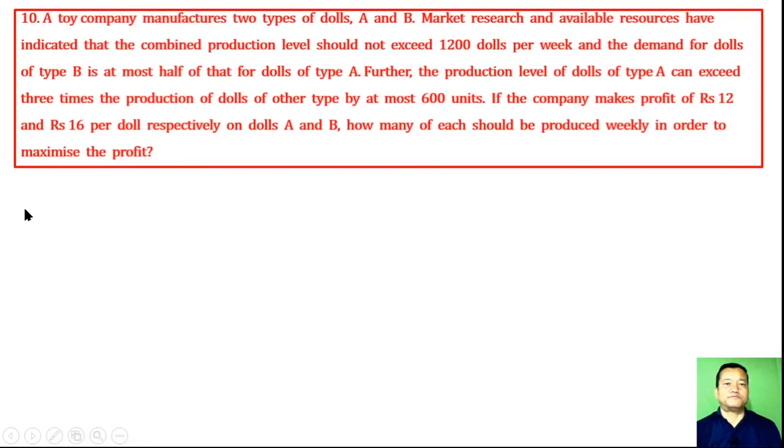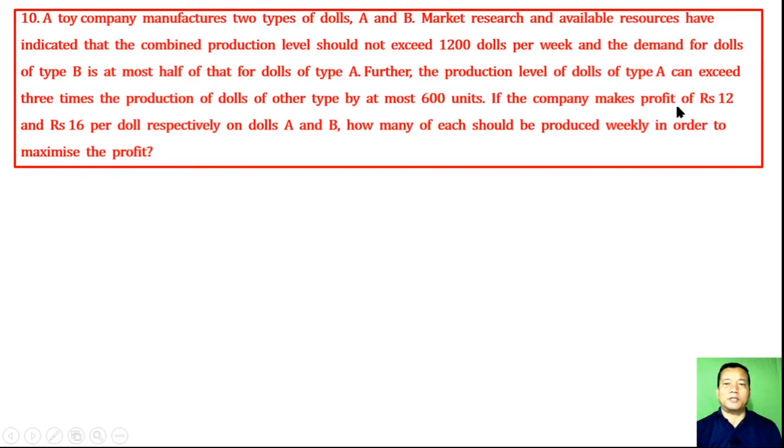Question number 10. A toy company manufactures two types of dolls, A and B. Market research and available resources have indicated that the combined production level should not exceed 1,200 dolls per week, and the demand for dolls of type B is at most half of that for dolls of type A. Further, the production level of dolls of type A can exceed 3 times the production of dolls of the other type by at most 600 units.